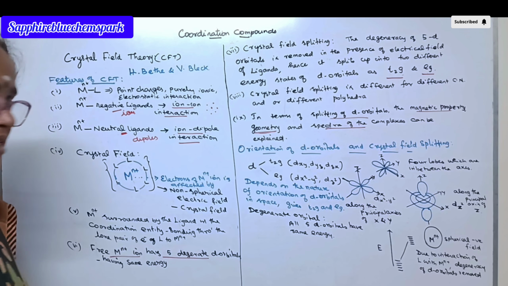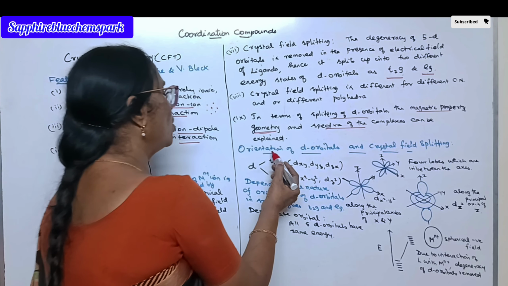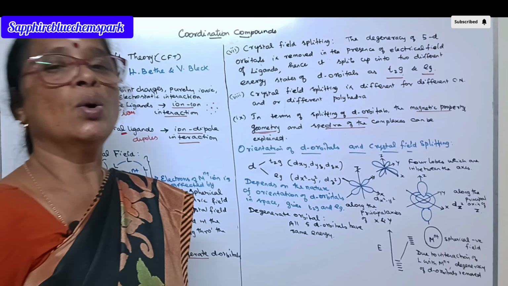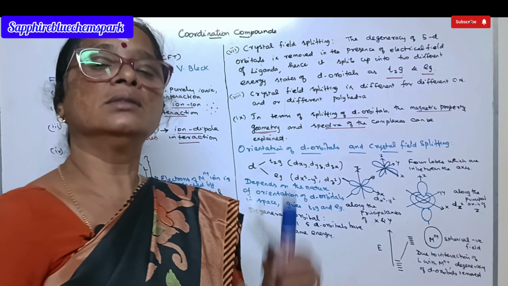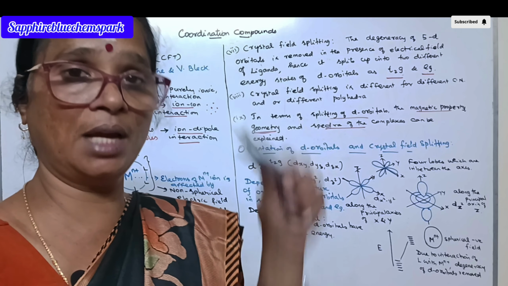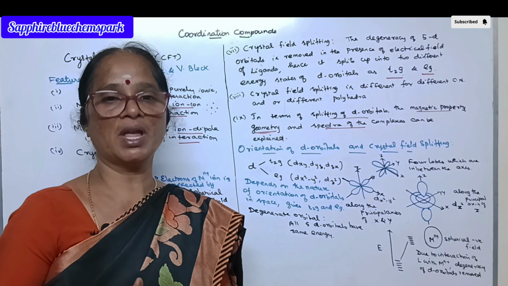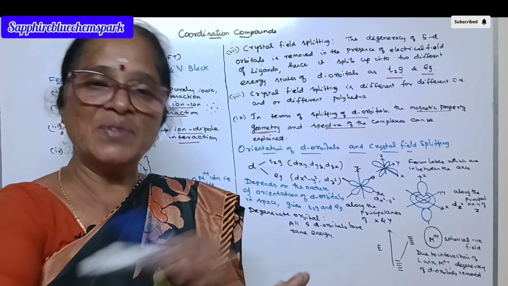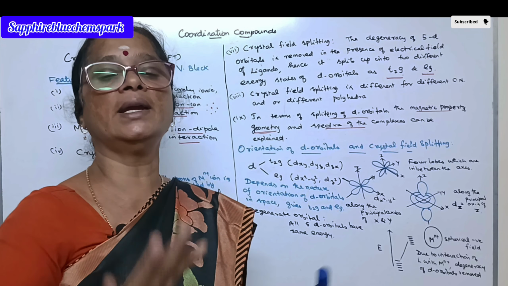Okay, let us now discuss the orientation of the d orbitals and crystal field splitting. The orientation of the d orbitals is what is studied under the shapes of d orbitals. The s orbital is spherical and evenly spread over all 3 dimensions.